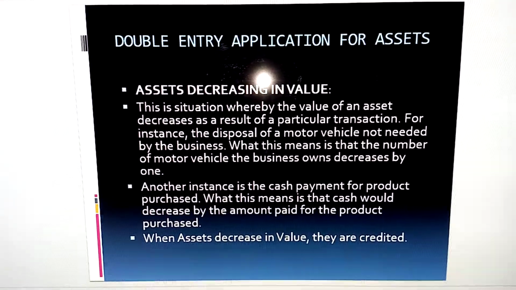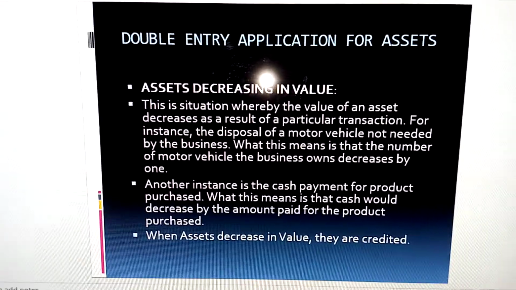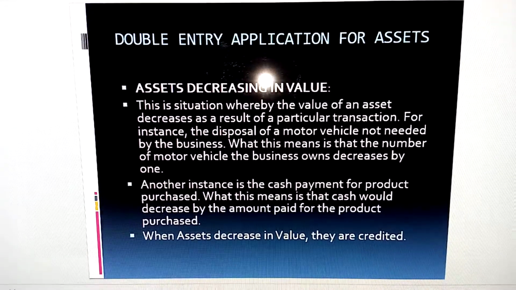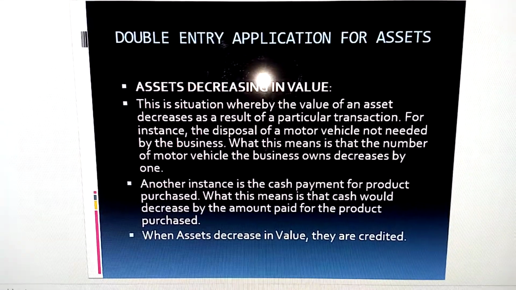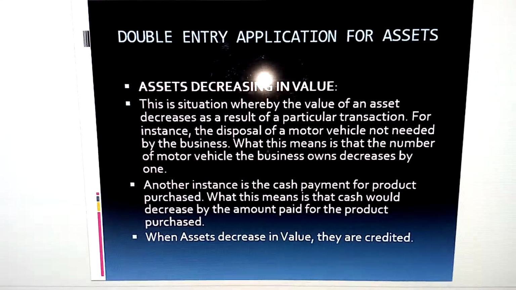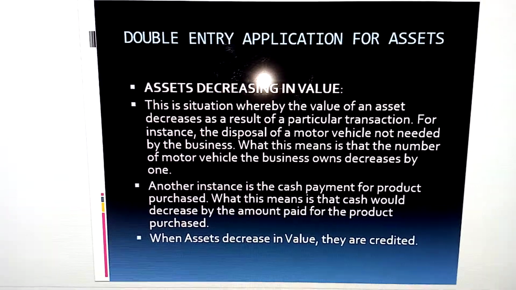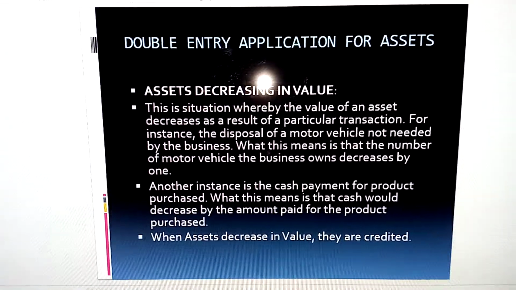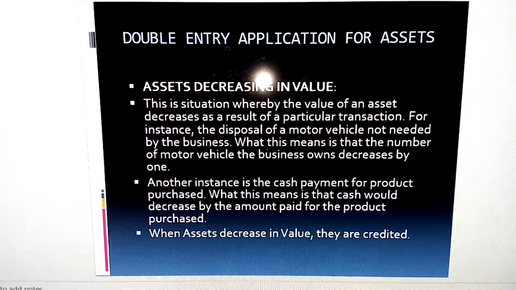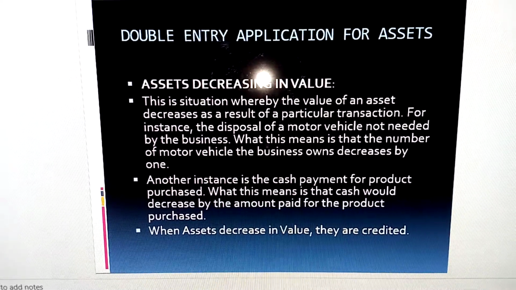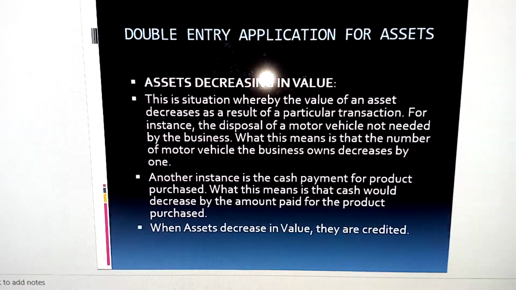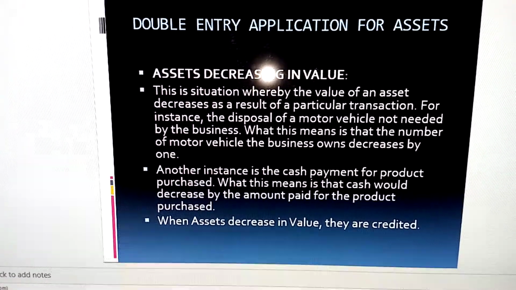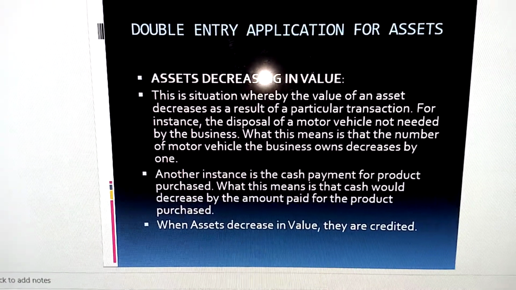Assume we have 3 vehicles in the business and 1 is sold. It means that vehicle will reduce from 3 to 2. So in that case, the vehicle account is credited. So where there is a decrease in the value of an asset, be it cash in hand, cash at bank, equipment, vehicle, tools, furniture, so long as the value is decreasing, it takes a credit entry.